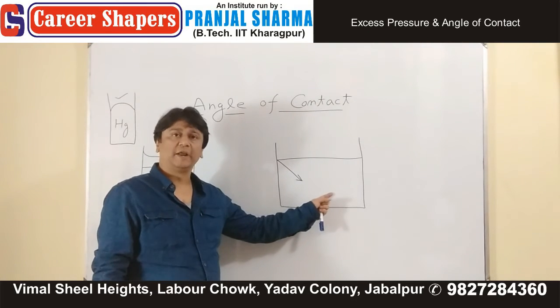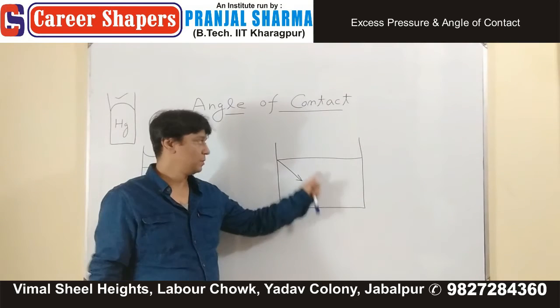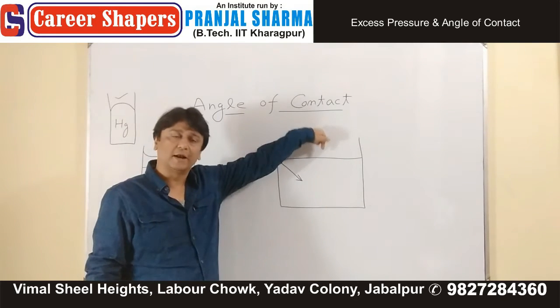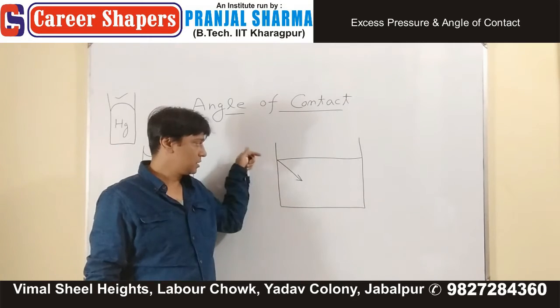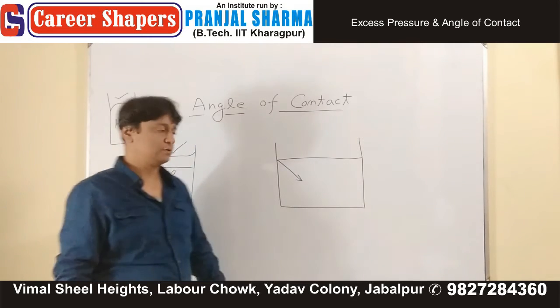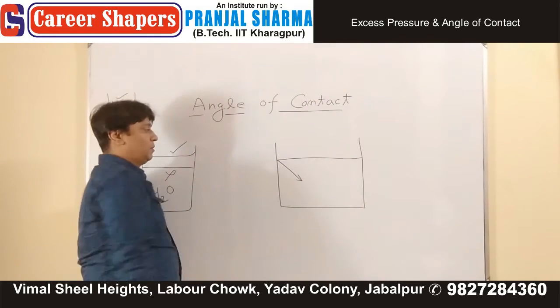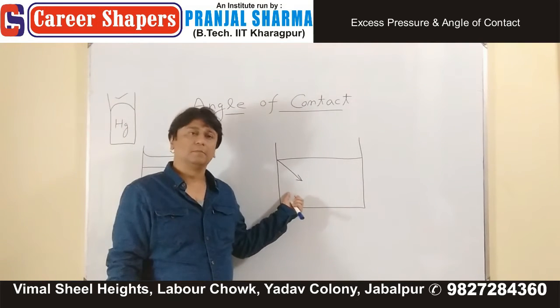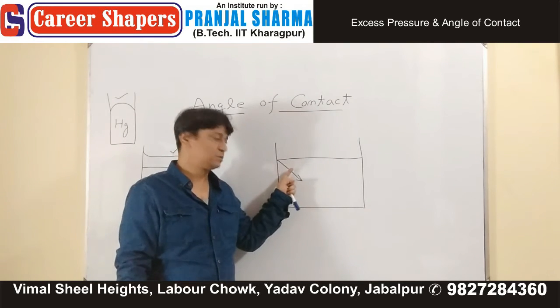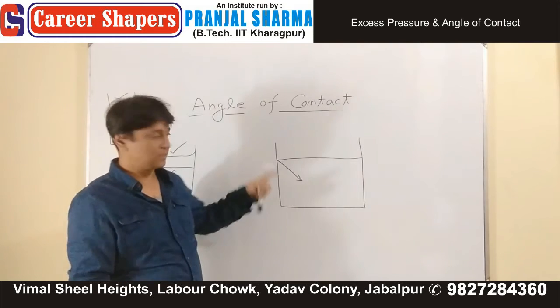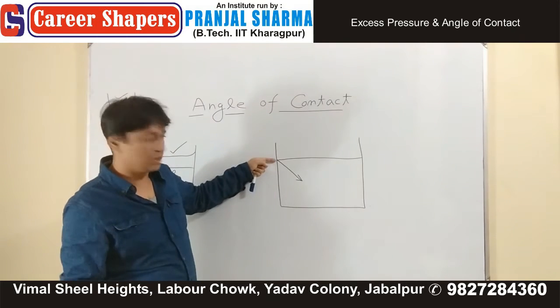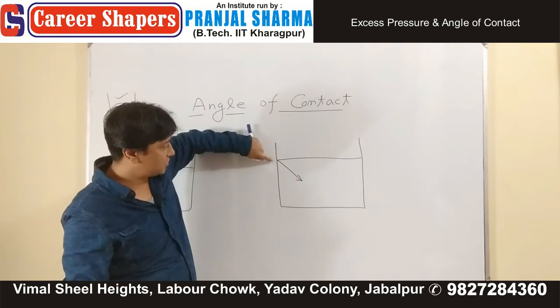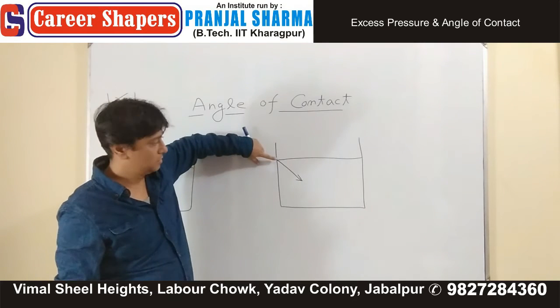A molecule deep inside, force was 0. At the top, it had a downward force. At the corner, force is in this direction. What is this force? All the molecules, the force which they exert on the molecule which is right at this position, at the corner.